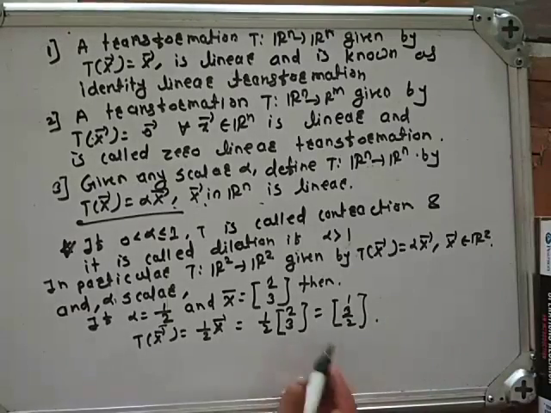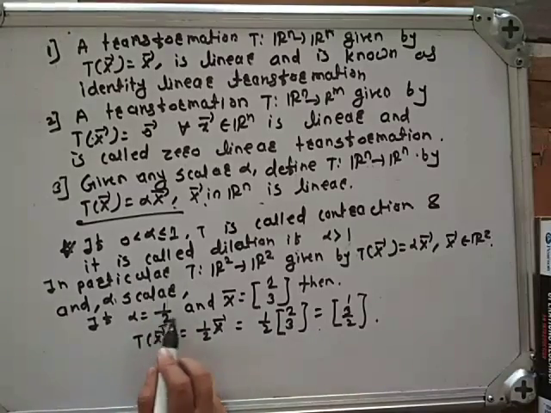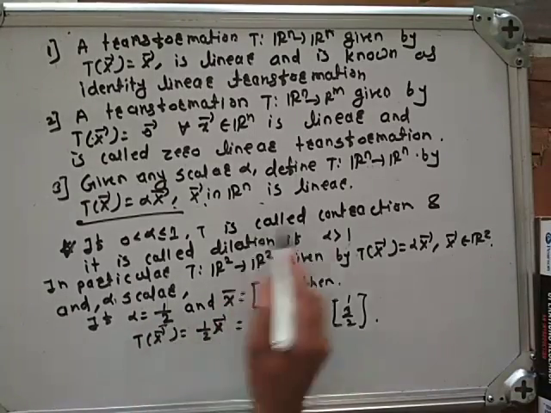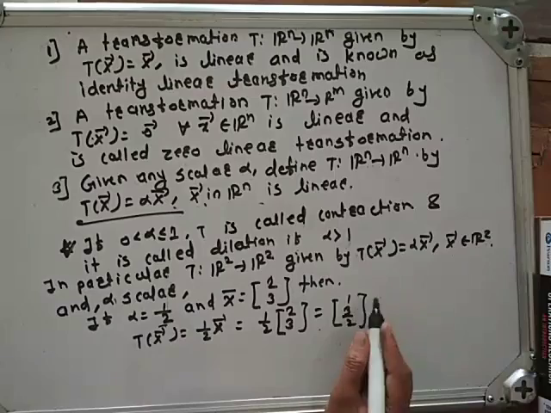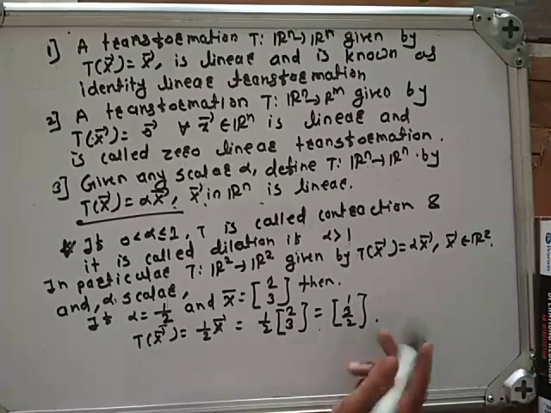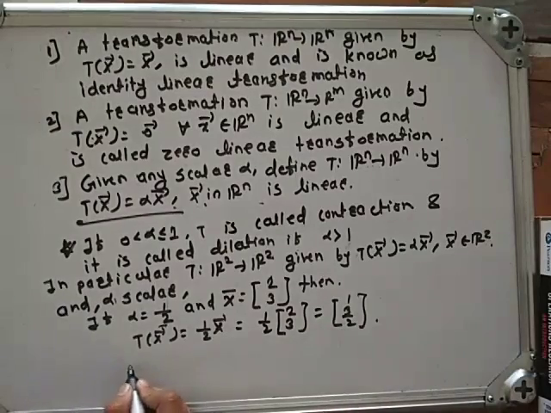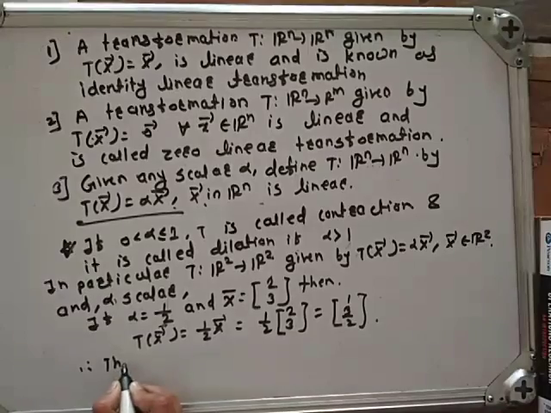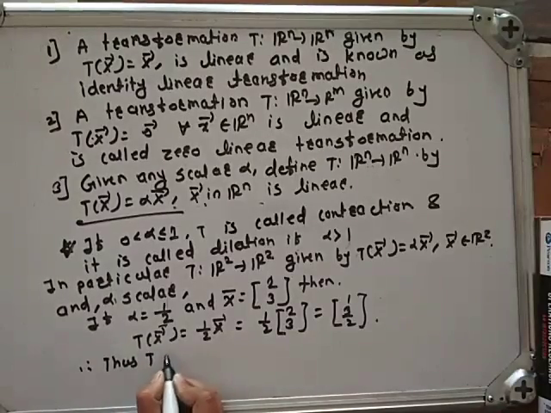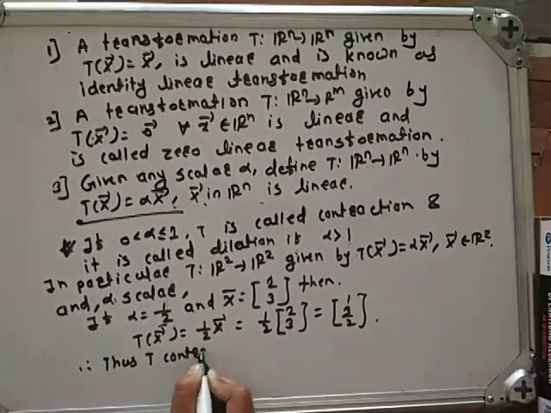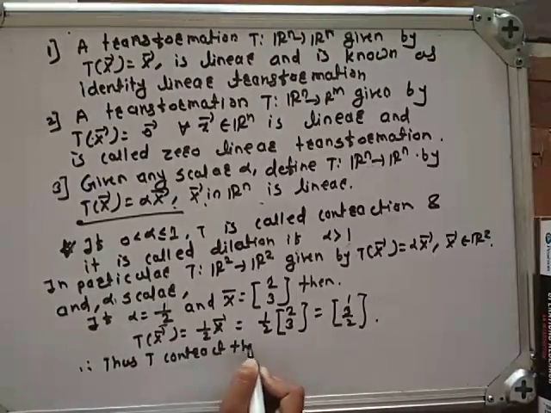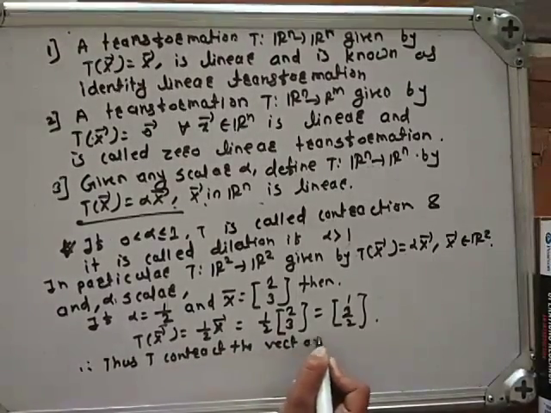Here your alpha is less than 1, so T is called contraction. So here your vector is contracted. Therefore T contracts the vector x bar.